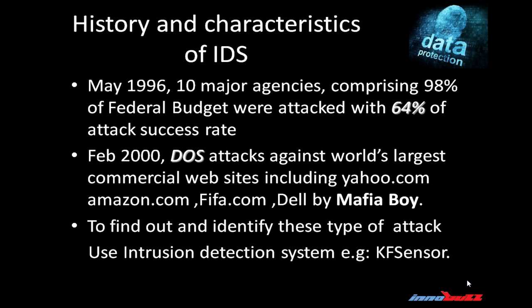In February 2000, there was a DOS attack against the world's largest commercial websites including Yahoo, Amazon, FIFA and Dell by Mafia Boys. To find out and identify this type of attack, we can use an intrusion detection system. Examples of intrusion detection systems are KF Sensor or Snort.